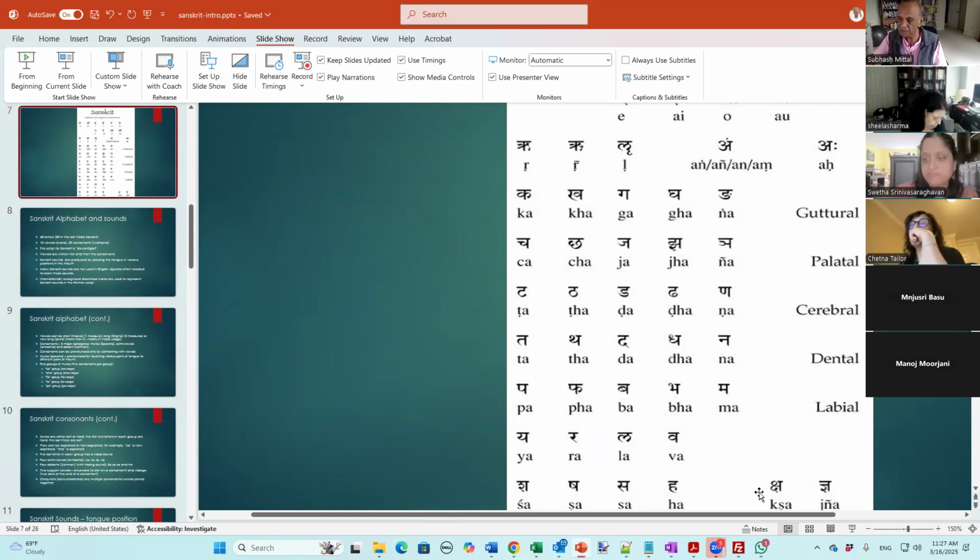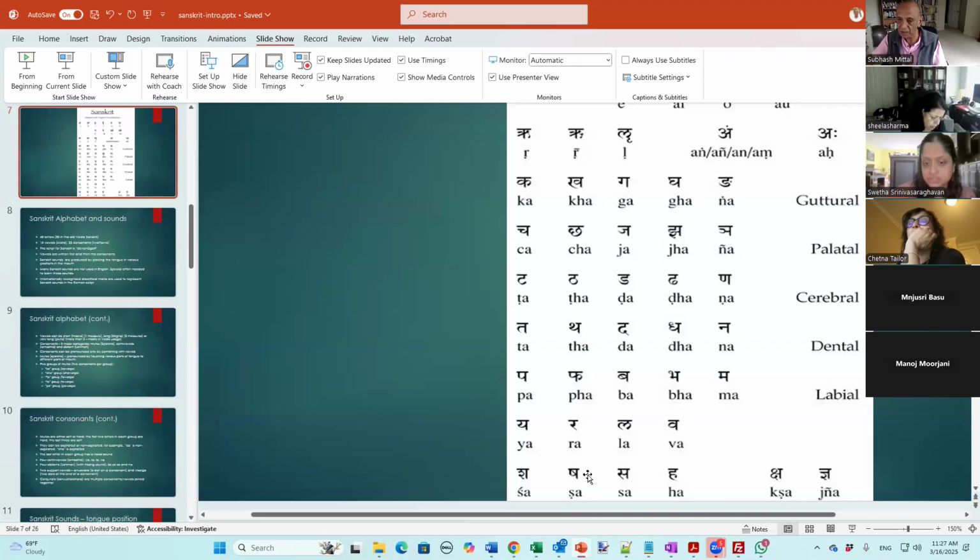This is a combination of ja and nya. This ka and this sha will become ksha, and then ja and nya. When you combine this middle letter and the last letter, it becomes nya.